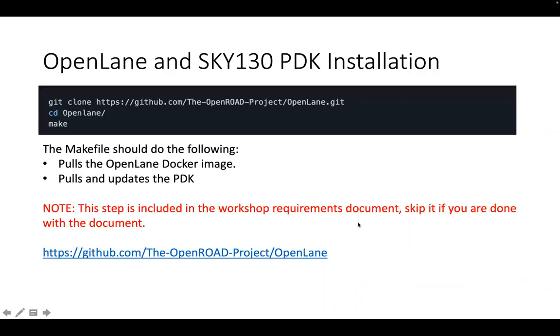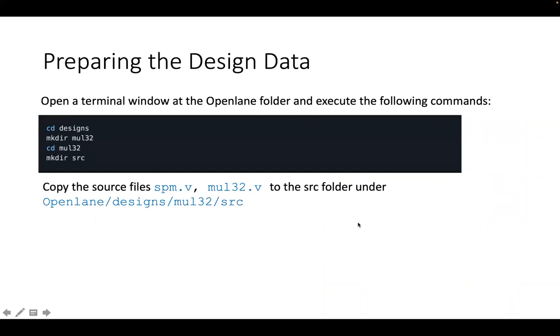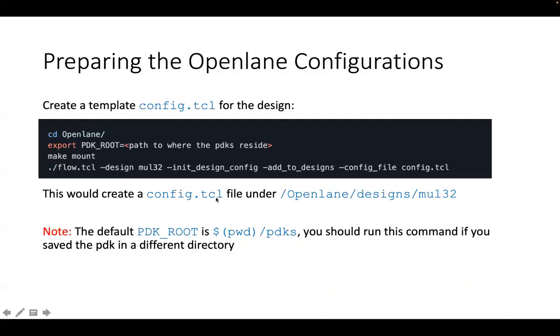In order to create a new configuration file, you have two options. Either you use an old configuration file and start editing, or create a new template from OpenLane. To do so, we need to pull the Docker image of OpenLane.